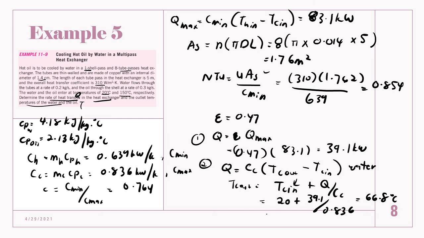Next we need to know the outlet for the hot oil. For the hot oil, I just directly use the formula, changed to TH out, TH in plus Q over CH. So TH in is 150.